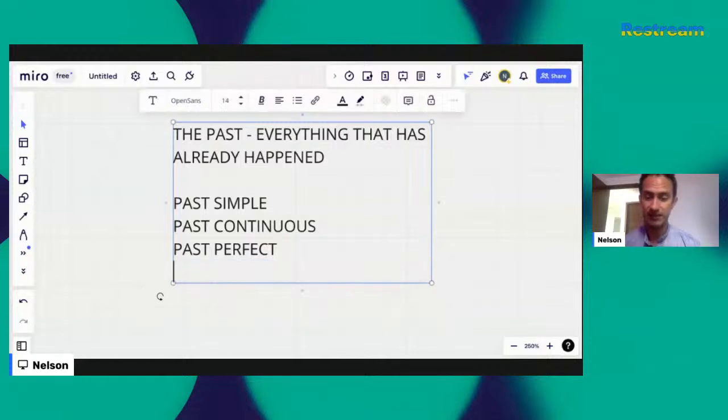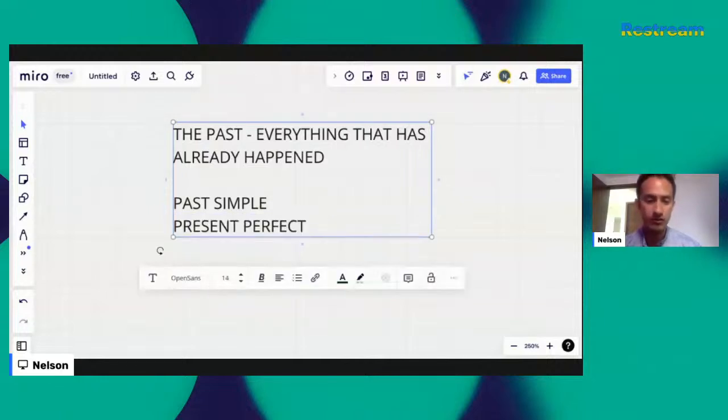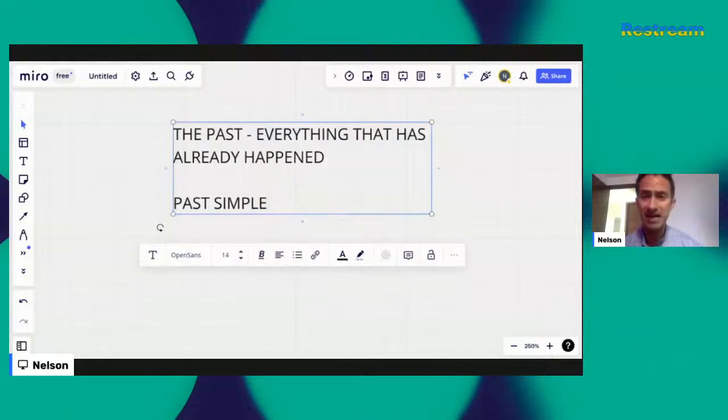And we can use the present perfect. So these are 4 of the different forms that we can use to speak about the past. However, today we're only going to discuss some of the differences between the past simple and the present perfect. So we're going to start with the past simple.